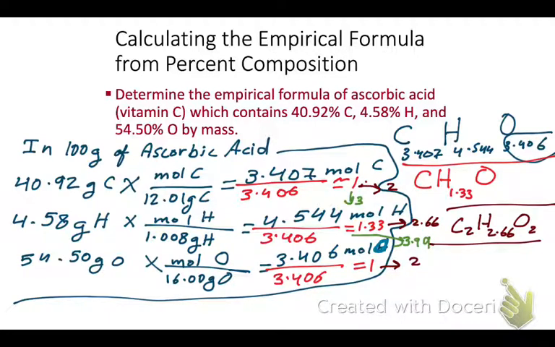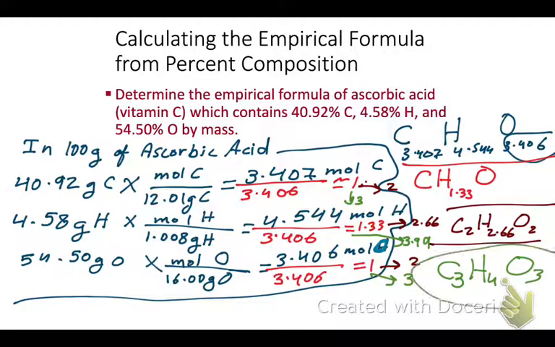And if I multiply this by 3, it's going to be 3. So now my new formula is C3H4O3, because 3.99 is so close to being an integer. It has to be really close. And this here is the empirical formula of ascorbic acid.